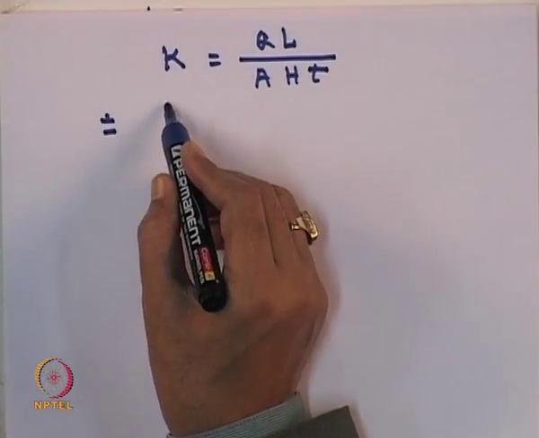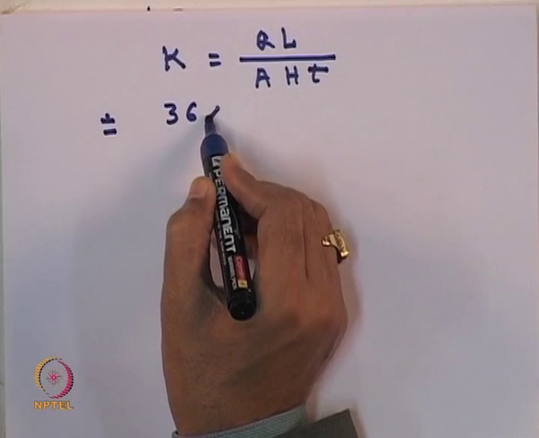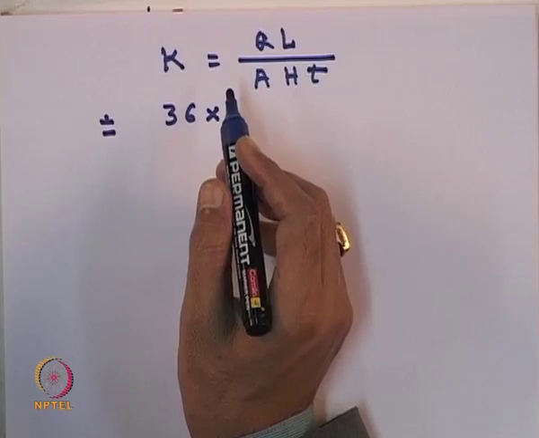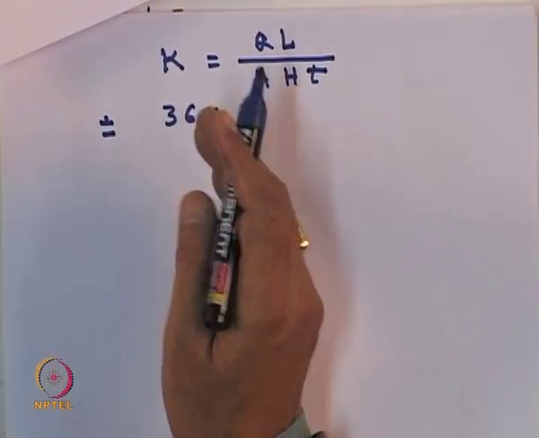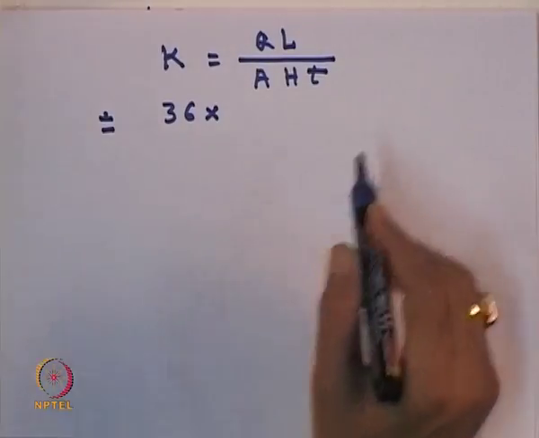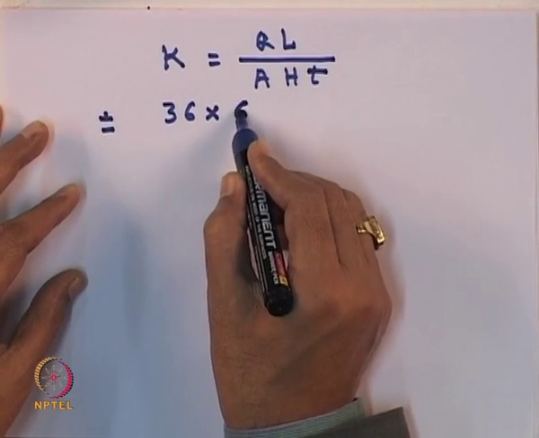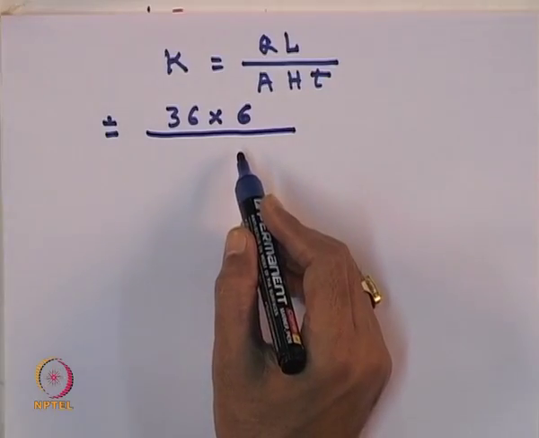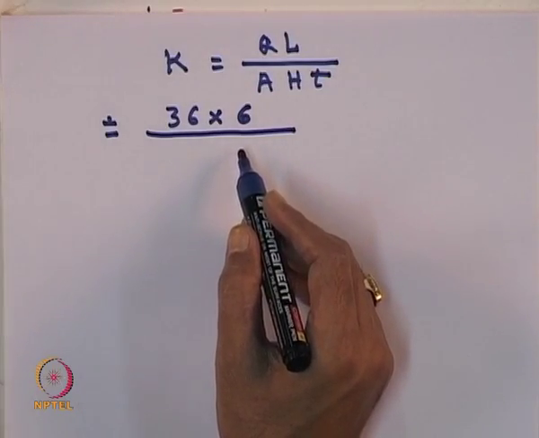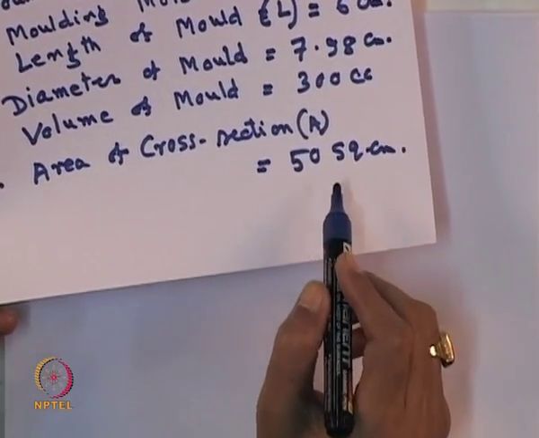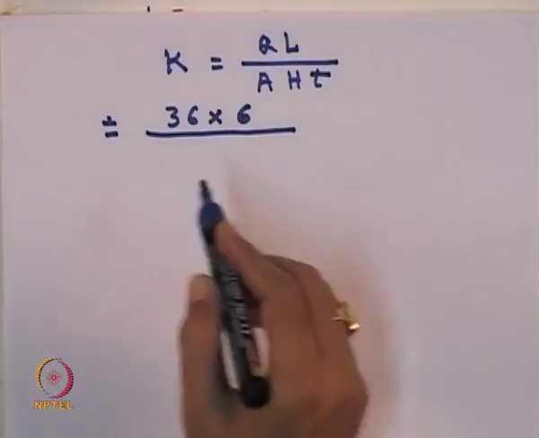This into the length of the sample, which I told you earlier is 6 centimeter. So this is 36 into 6, divided by the cross section area, which is 50. So A will be equal to 50.